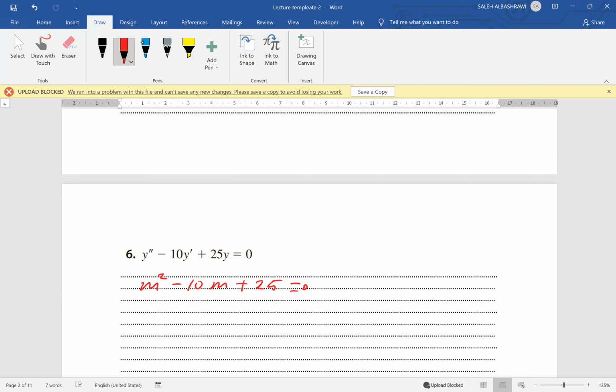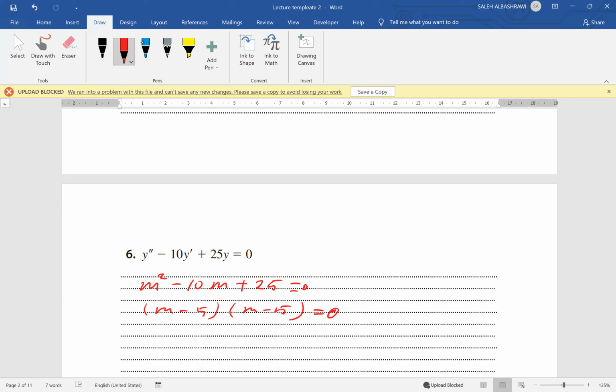By factoring, it is m minus 5 times m minus 5 equal to 0. Actually, this is a perfect square.